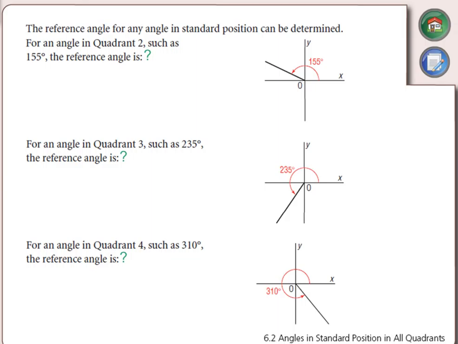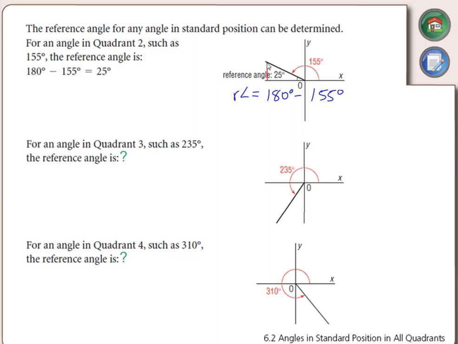We're going to say that the reference angle is equal to 180 minus our 155, which gives us a reference angle of 25 degrees inside there. We're always looking at, if we drew a triangle down to the x-axis, what would be the value inside?